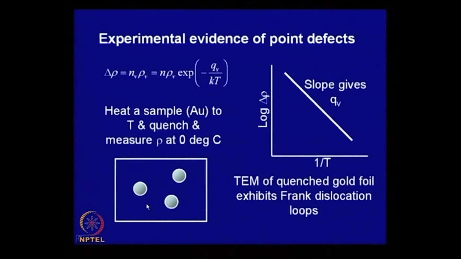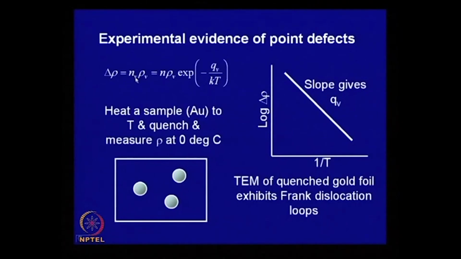So the electrons, which are the carriers of electricity, will encounter some additional resistance, and this change in resistivity of a material will be directly proportional to the concentration of the vacancy.